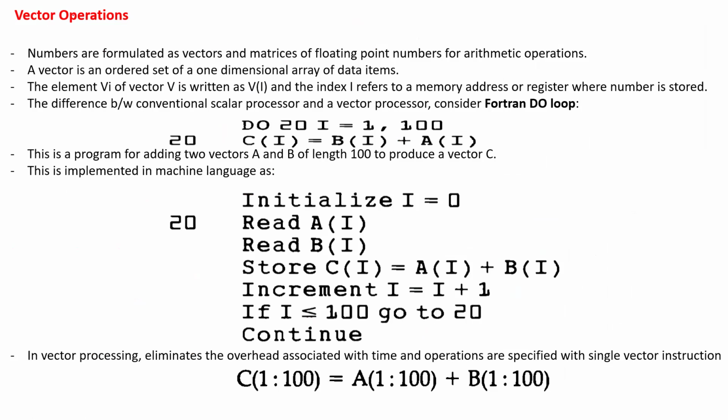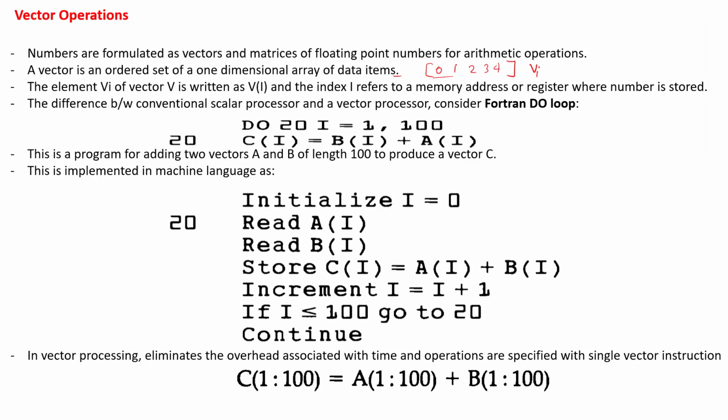Now we are going to see vector operation, how vectors work, how we are going to perform addition and subtraction, with one example. Vectors or matrices of floating point numbers are considered for the arithmetic operation, and a vector is an ordered set of a one-dimensional array of data items, like what we write in arrays having different positions 0, 1, 2, 3, 4, 5, with different data available. A particular Vi will represent the ith position in that vector.